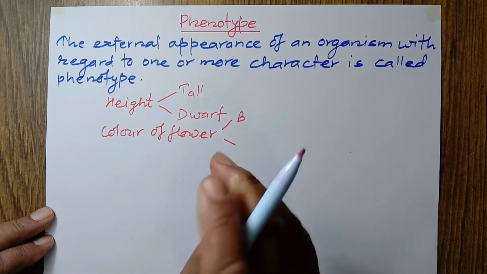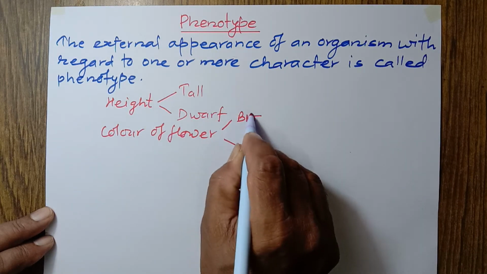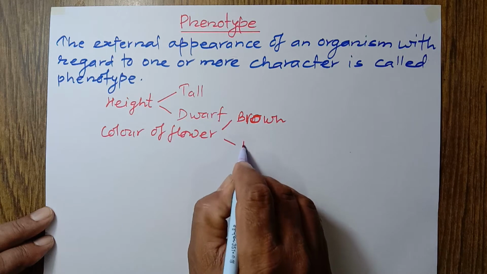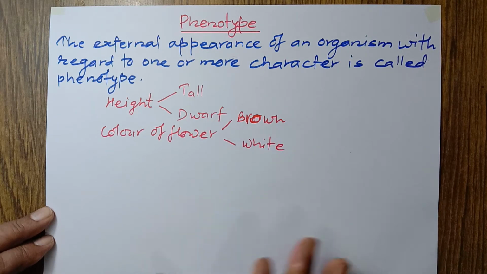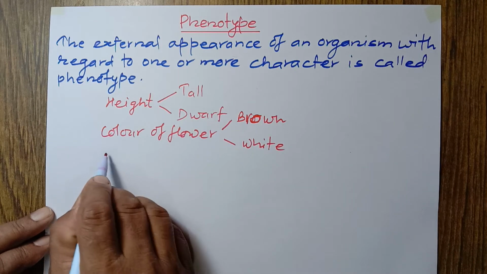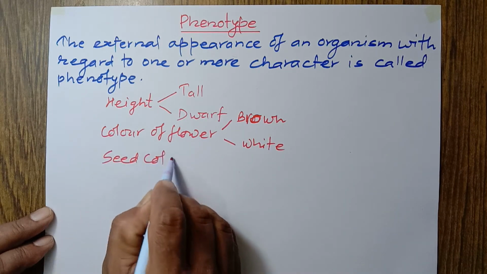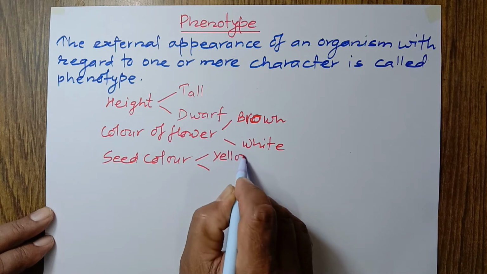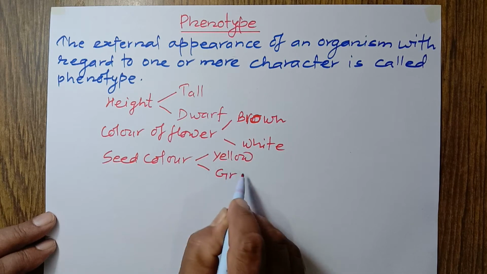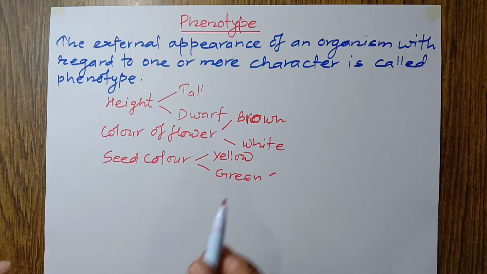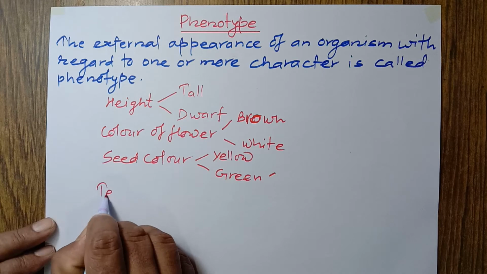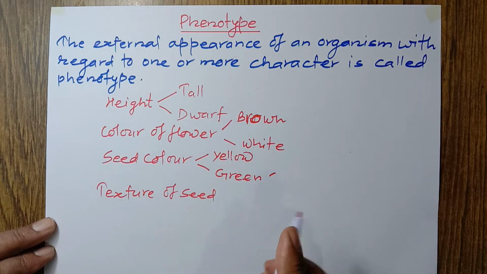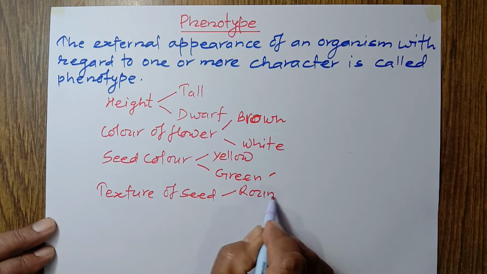Some pea plants have brown colored flowers, some have white colored flowers. Seed color is also different: some pea plants have yellow seeds, some have green seeds. Now the texture of seed is also different: some are round, but some are wrinkled.